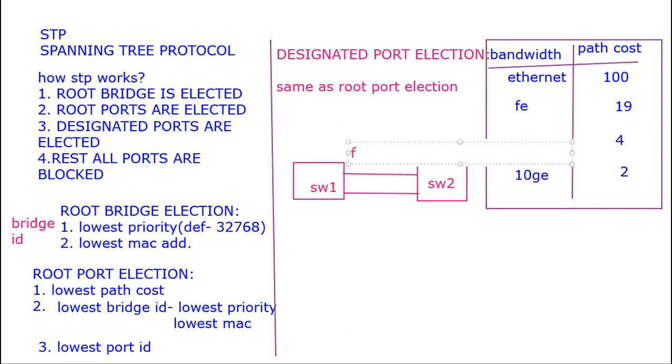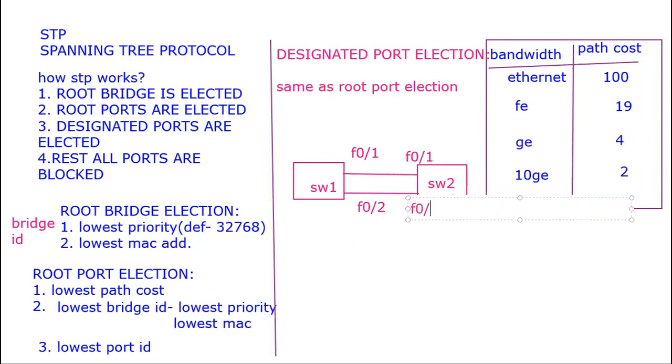The ports are Fast Ethernet 0/1 and Fast Ethernet 0/2 on each switch. Now, in this case, we'll see how the loops will be avoided.